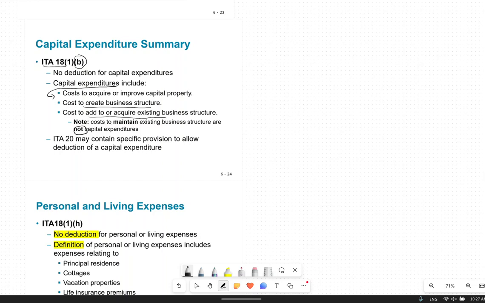So capital expenditures are the cost to acquire or improve a capital property, create a business structure, or acquire a business structure. If you want to maintain it, they are not capital expenditures.